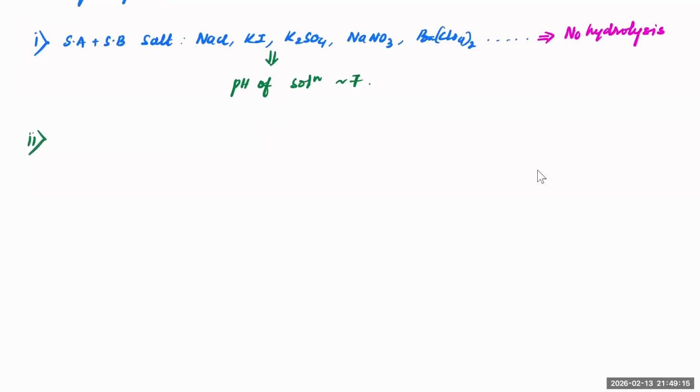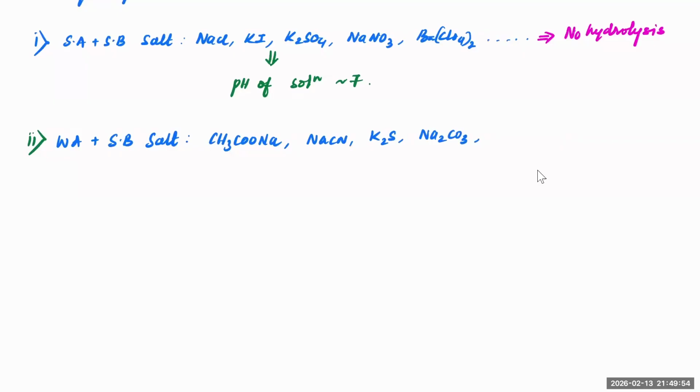See the second case, when you have a weak acid and strong base salt. Weak acid like CH3COOH, combined with a strong base, NaOH. So it will become CH3COONa. This is the salt which is formed. Like that, any of these salts: NaCN, K2S, Na2CO3, clear?